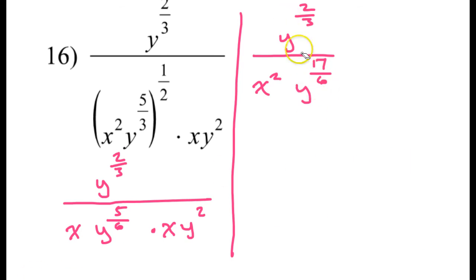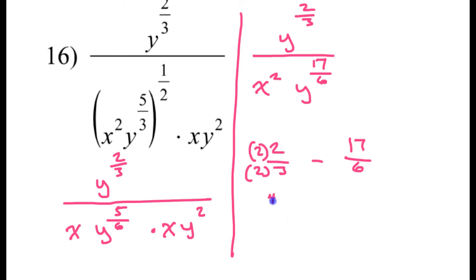Now, we need to go ahead and subtract these y's so we can get them together and see what we really have. When you divide, you subtract the exponents. So back to my scratch paper again, I need to do 2/3 minus 17/6. So I can make these like denominators by multiplying by 2.